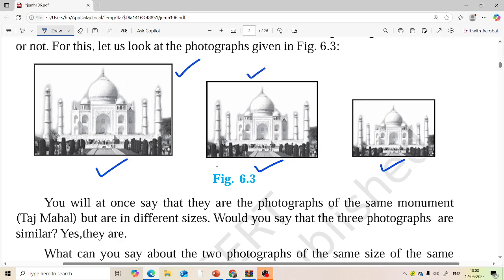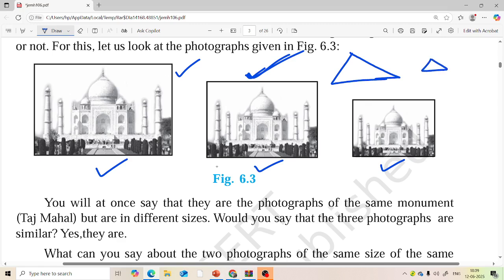But if I enlarge the second one, just like a photo enlargement, understood? If I enlarge the photo of the second one, the first one and second one will be exactly matching. So we say that they are similar figures. In the same manner, we learn about triangles in this chapter.